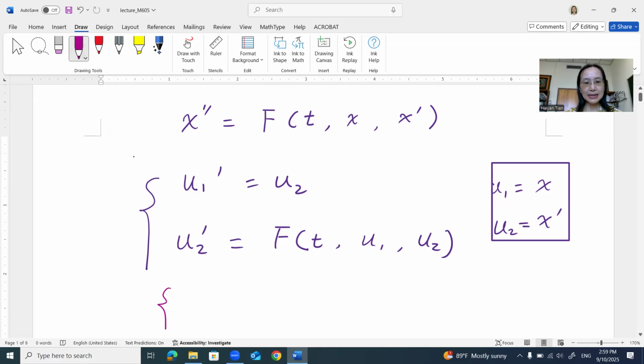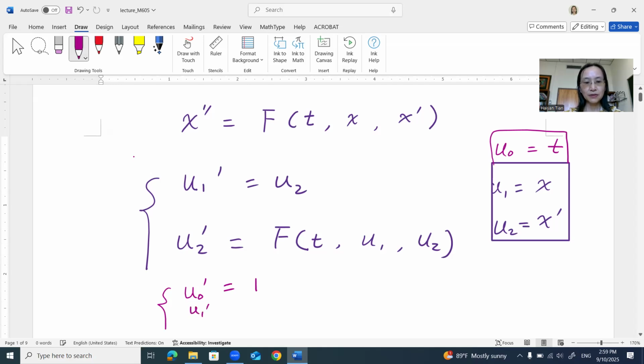So the only thing is that t, so we want to introduce another function, essentially the t, and we name this one as u naught. So if you take a derivative of u naught with respect to t, it's going to be 1. But the other two equations we keep as is.